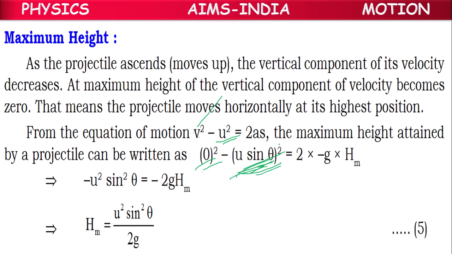So 0 equals u sin theta whole square plus 2as, because the body is going up while throwing. Upward direction is taken as positive. Acceleration acts downwards, so g is taken as negative. In the place of acceleration, we can keep minus g.